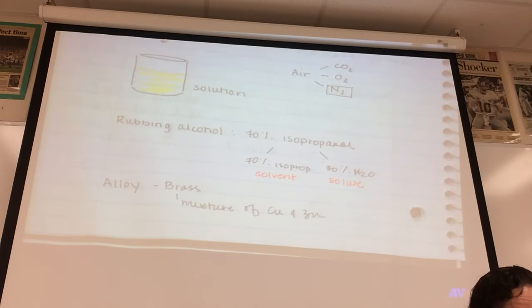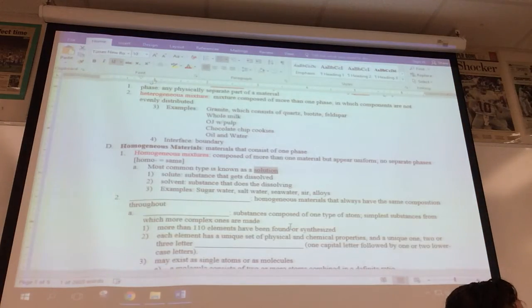You can't see the other. Also with mixtures, you can undo them, if you will. If you had salt water, you could boil off the water and you would be left with salt. Mixtures are put together by physical means, so you can undo them. And I'll give you an example of that videographically in a little bit.